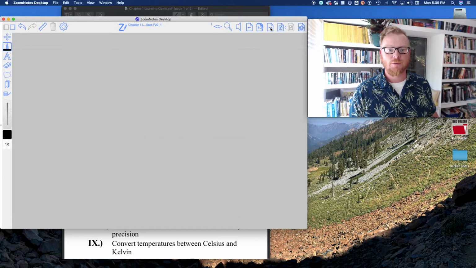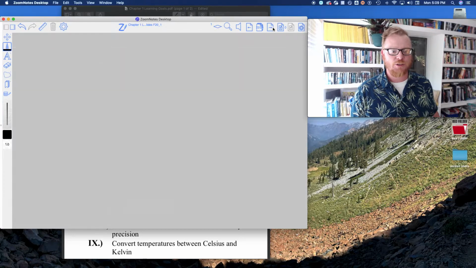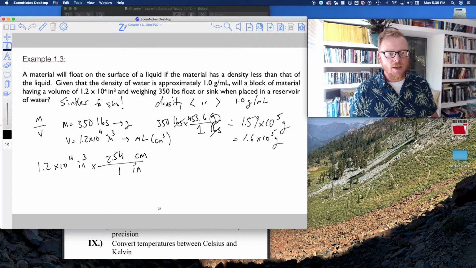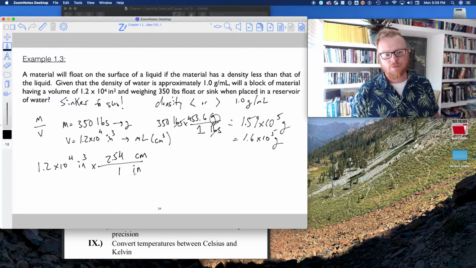That's useful, because I can say in 1 inch, there's 2.54 centimeters, but I didn't get this to be cubed. So I've got to cube the whole thing.